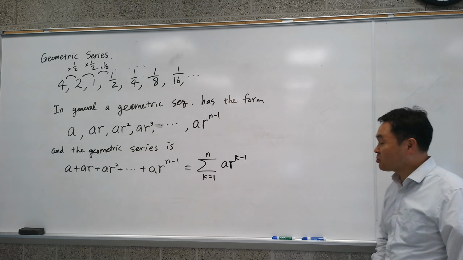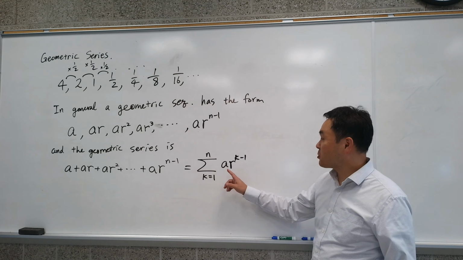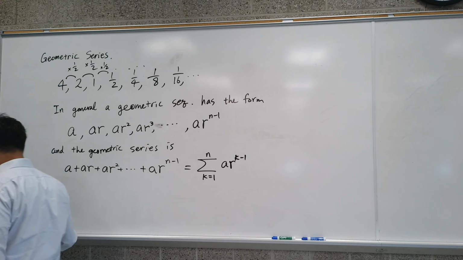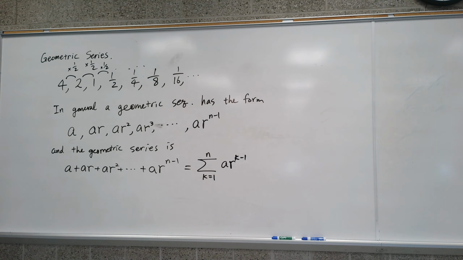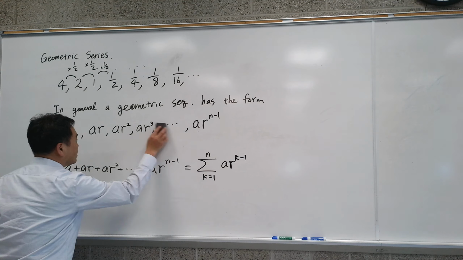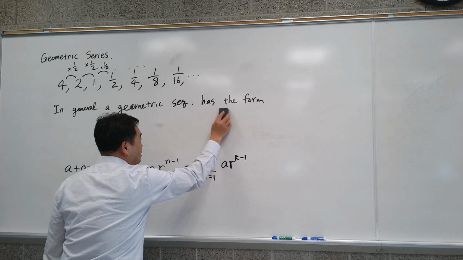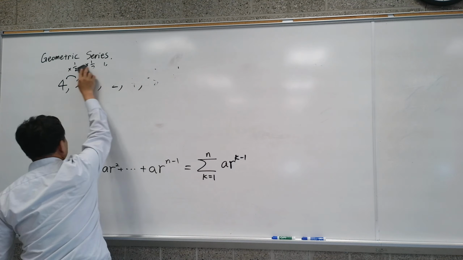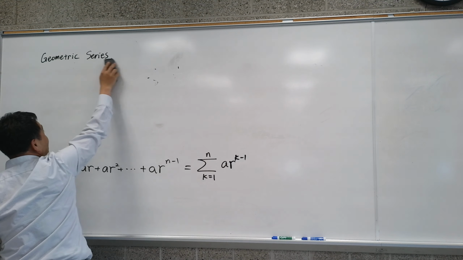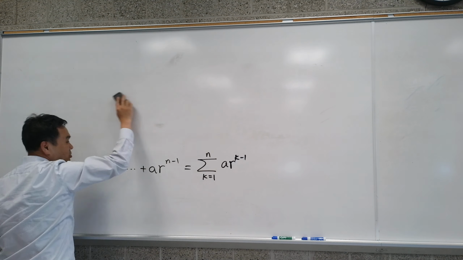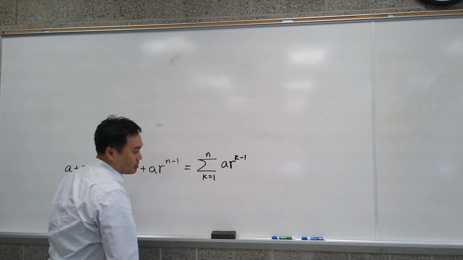So now I want you to know the formula for this guy, how to get that. And to do that, I need to teach you a factorization formula that is sometimes taught in the algebra course, but not many.